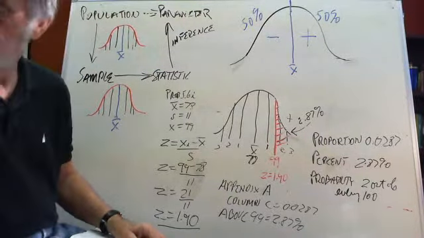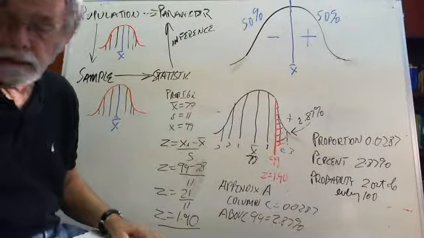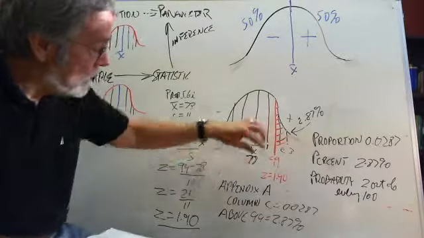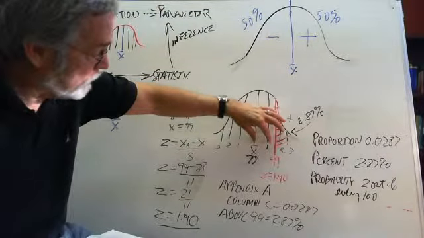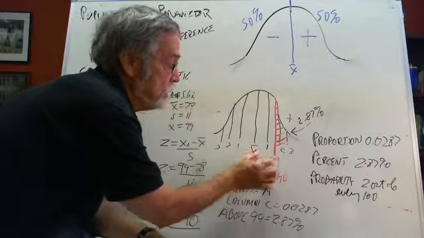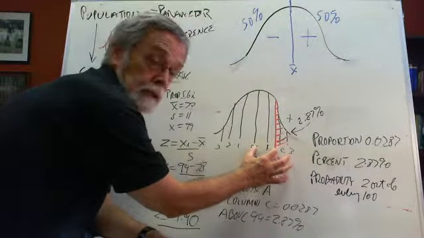If we wanted to, we could look at what the proportion is here. You look at column B for 1.90, and it would give you the percentage or the proportion that lies between here and the z-score of 1.90.